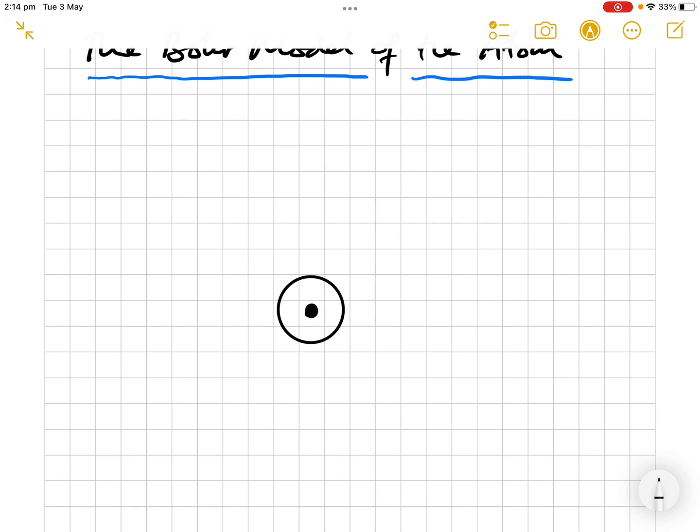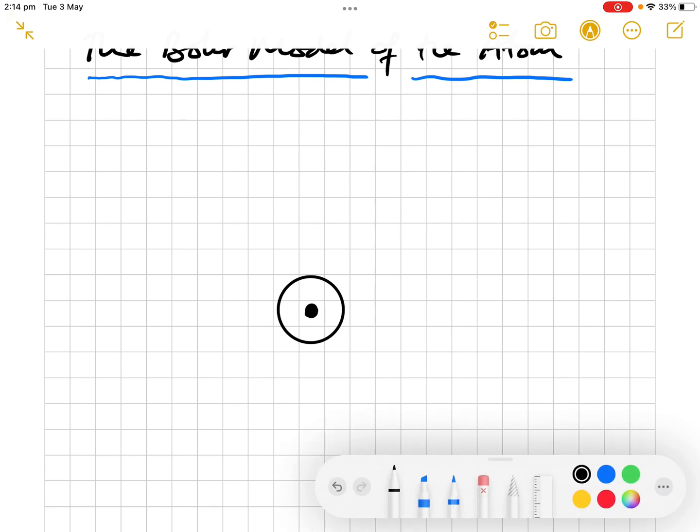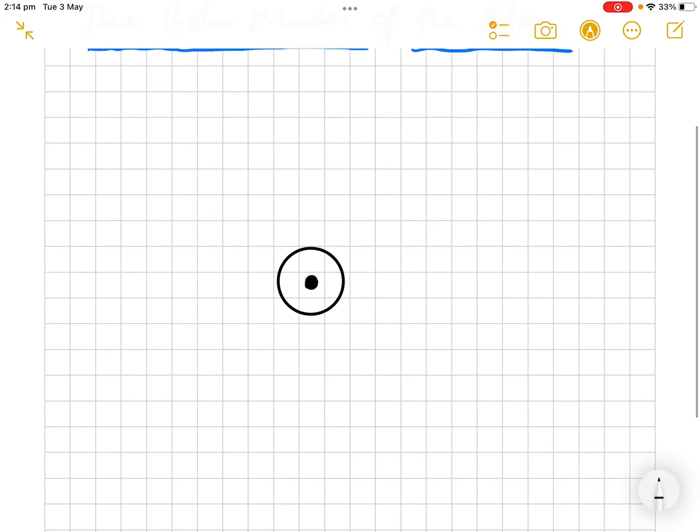So what you find then is that electrons can exist in the Bohr model only in certain allowable energy levels, or as they call them in chemistry, shells. We'll call them levels in physics.